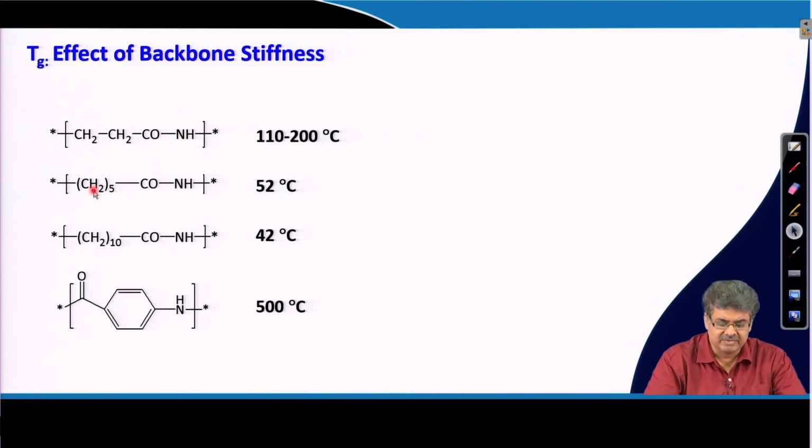In this case, if you carefully look, as we increase the CH2 groups, the number of polar groups is decreasing. So, in fact, in these cases the intermolecular forces actually decrease, which should also account for the decrease in the Tg value for this sample.